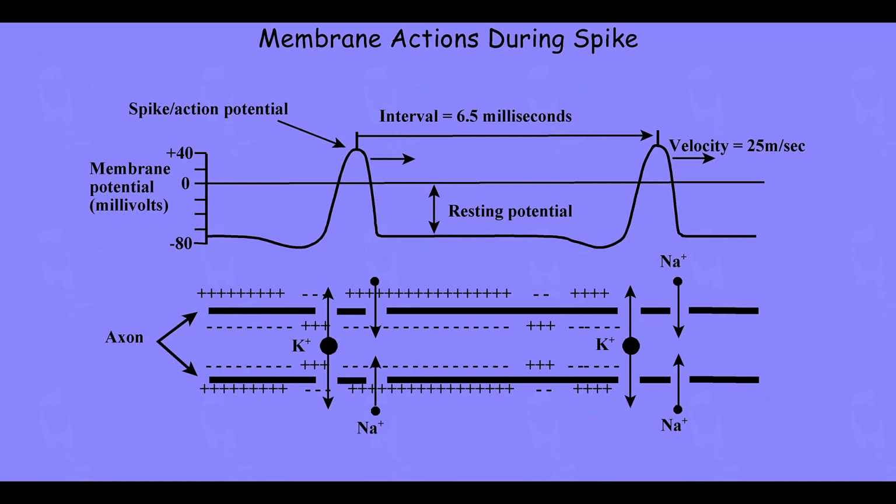What mechanism causes that to happen? Likewise, we'll want to understand why there's this interval of about 6.5 milliseconds between action potentials trailing down the axon here. So let's take each of those things in turn.